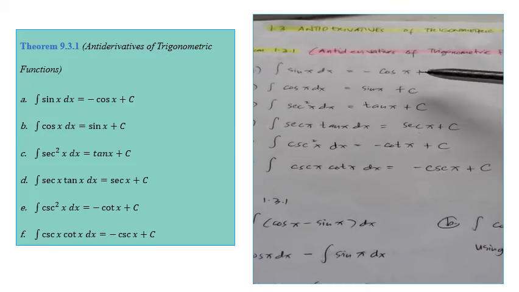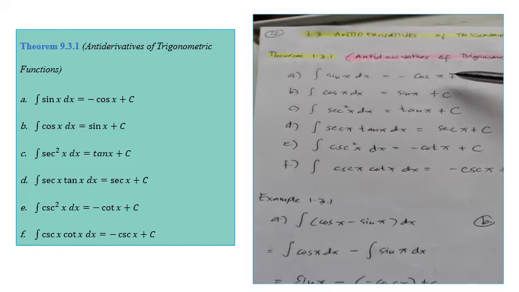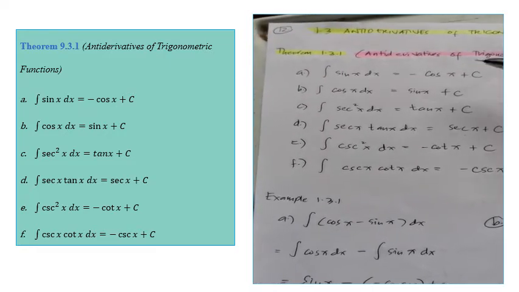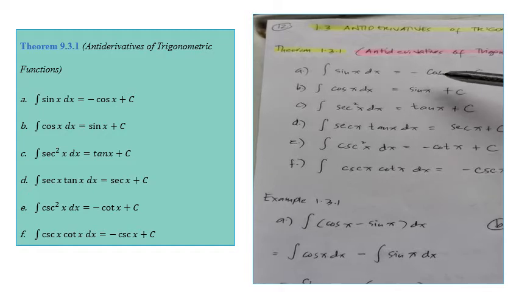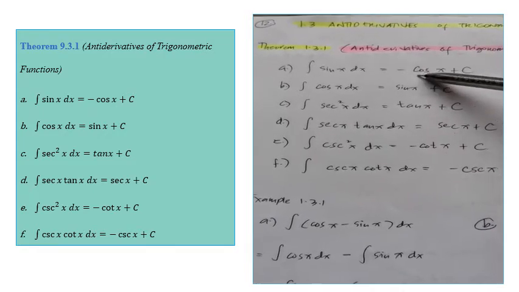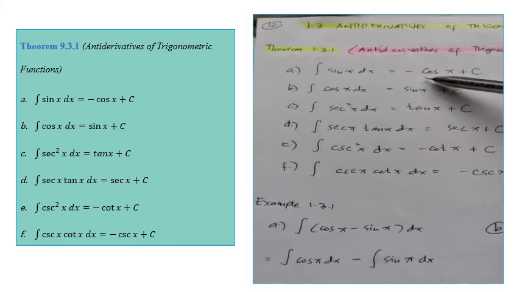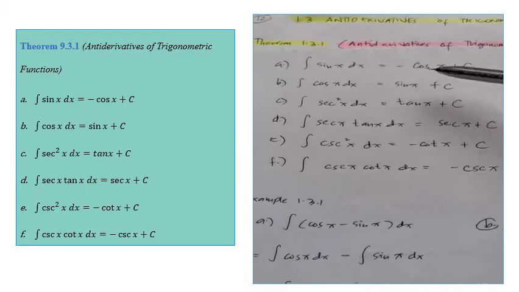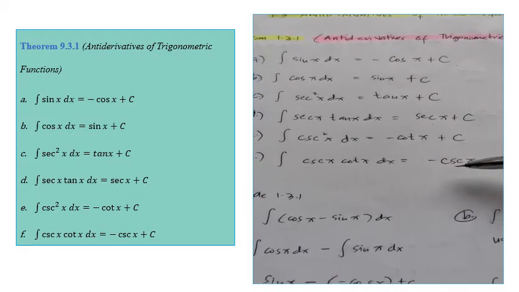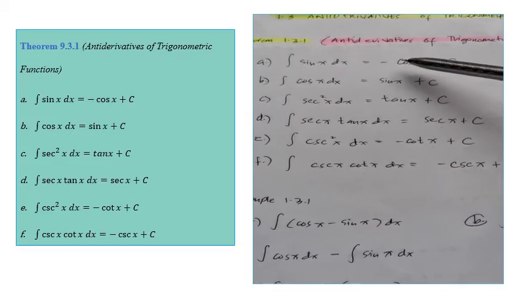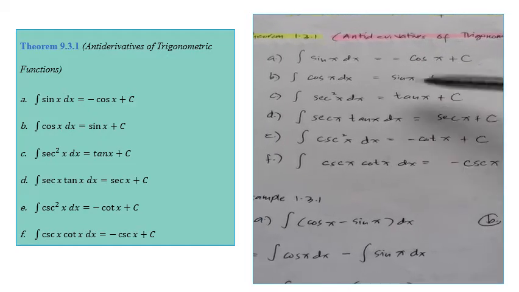Okay, so mapapansin ninyo dito class sa theorem 1.3, sa antiderivatives of trigonometric functions, kapag ang result is starts with letter C, di ba eto, cosine, cotangent, and then cosecant, ang integral nila is always negative.